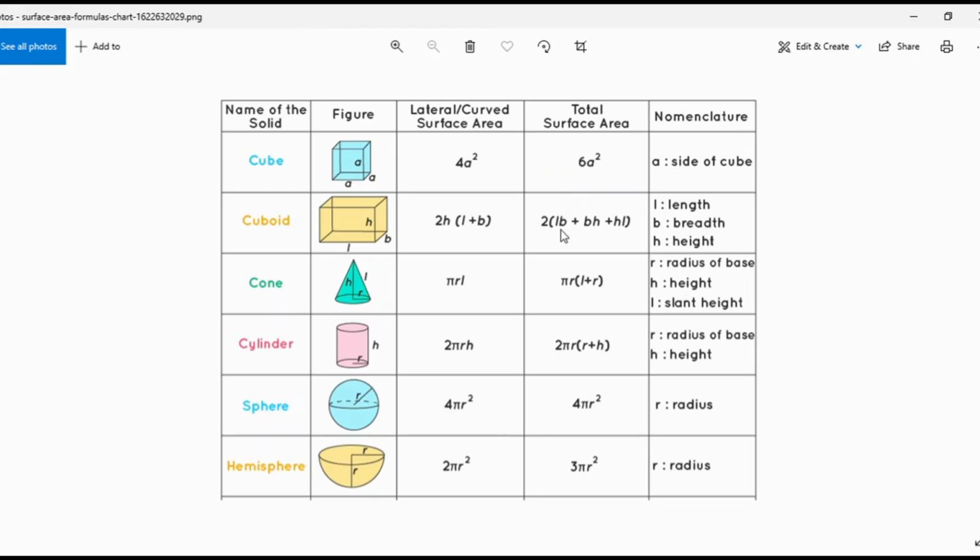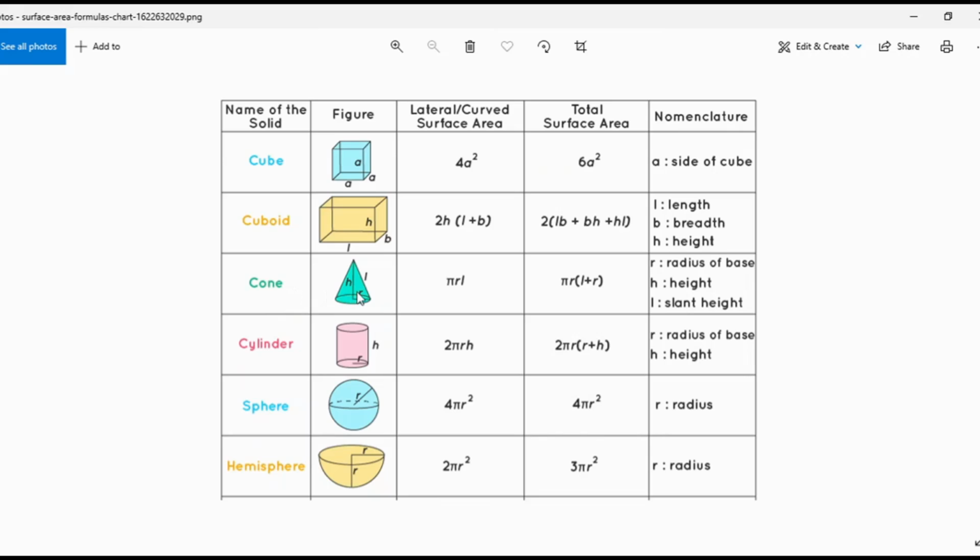And total surface area will be 2 times LB plus BH plus HL. So here you multiply L with the other 2 dimensions, B and H, B with the other 2 dimensions, H and L, and H with the other 2 dimensions, L and B, twice. So you get 2 times LB plus BH plus HL.